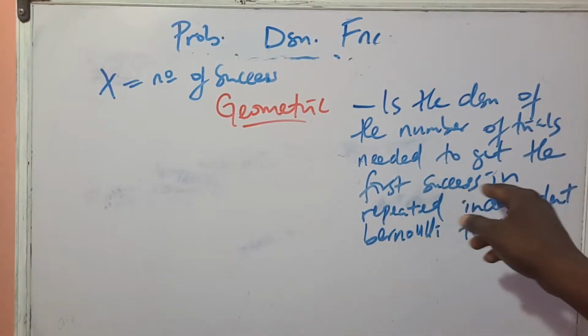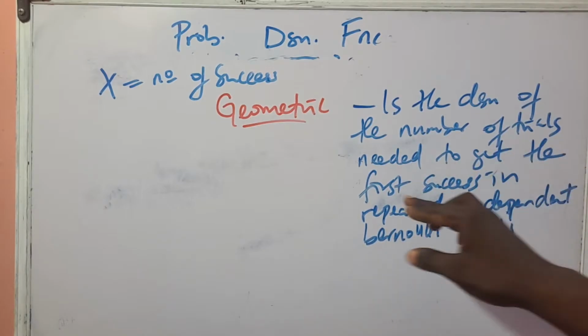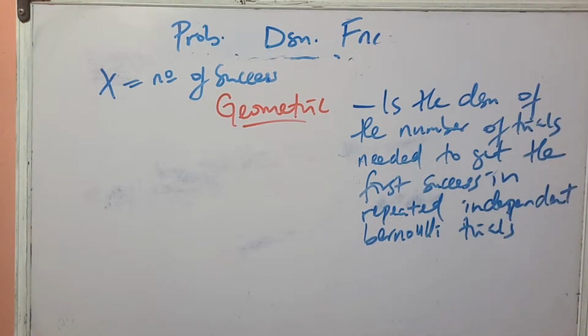So when we said we want to get the first success in repeated independent Bernoulli trials, for each of those trials, when we're dealing with just one trial, we're seeing it as a Bernoulli. So this word is just a placeholder to tell you that each one of the trials follows a Bernoulli distribution.